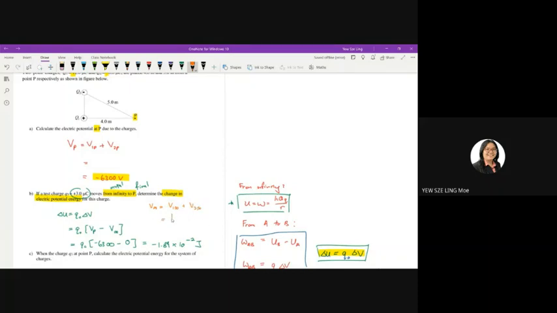So it will be equal to KQ1 over R infinity plus KQ2 over R infinity. Anything divided by infinity is equal to 0. So basically it's just 0 plus 0. Therefore, V infinity is equal to 0, because anything divided by infinity is 0. Okay, so that is how you solve it.